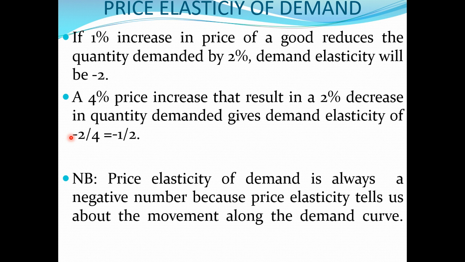So we are now going to have negative 2 as the change in quantity divided by the change in price. The price increased, which means the percentage for price is going to be positive because there was an increase.